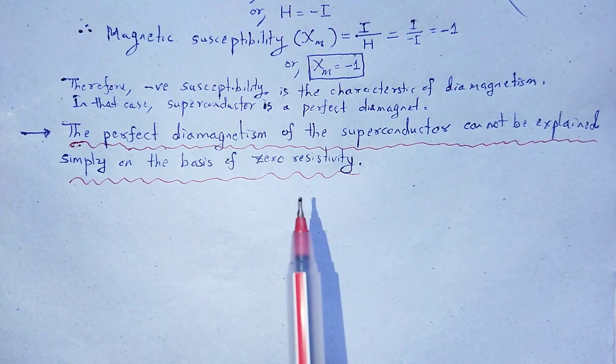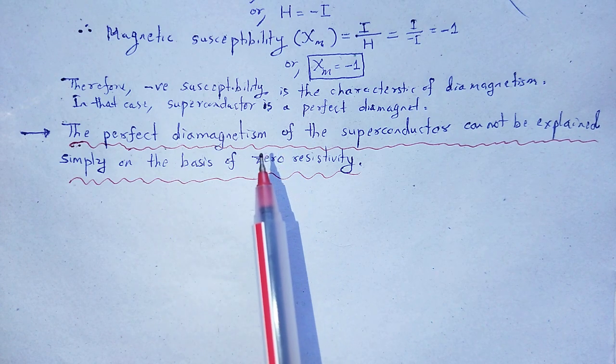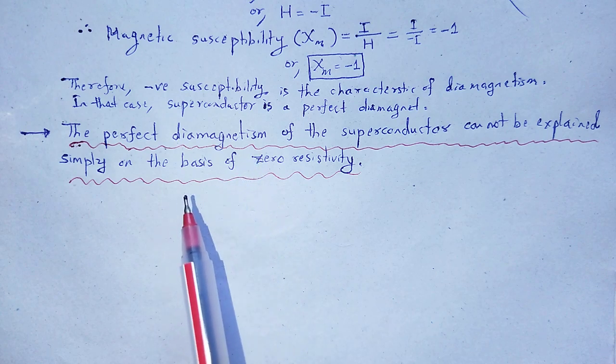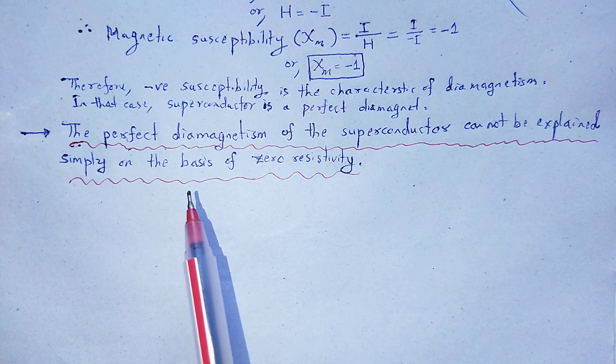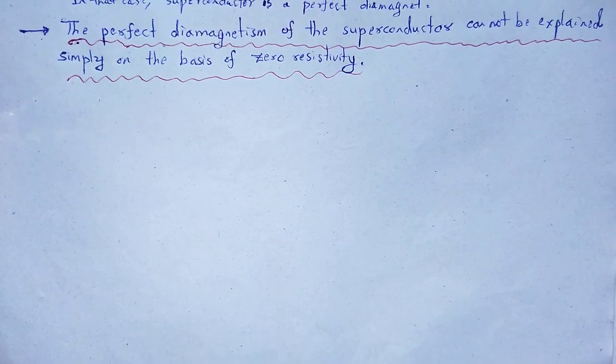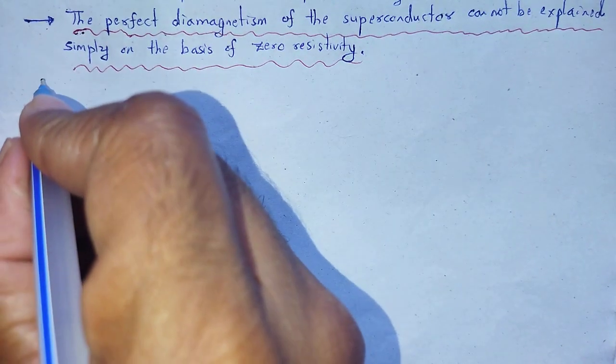If we take that zero resistivity concept, then we can't show the perfect diamagnetism of that superconductor. In simple words, we can say a superconductor is different from a perfect conductor. Okay, let me show it mathematically.